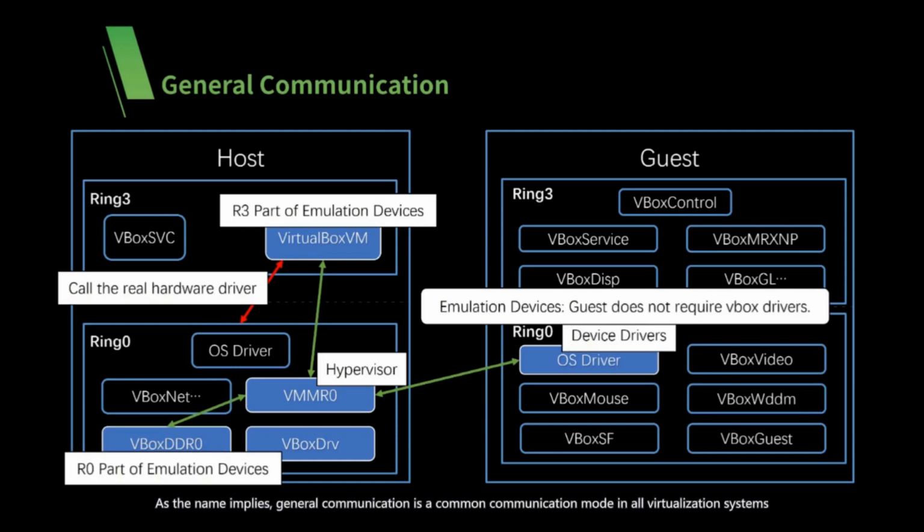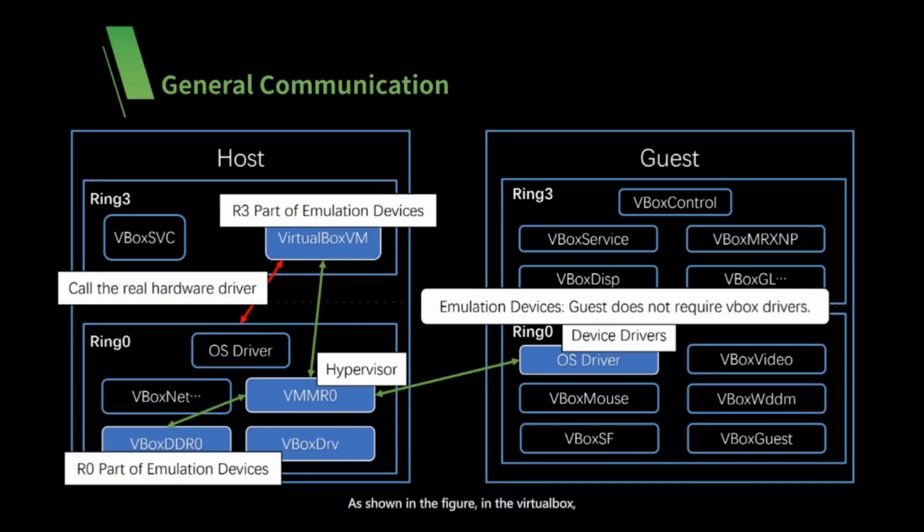As the name implies, general communication is a common communication mode in all virtualization systems, which emulates the communication of real computer devices. This communication method can make the guest run without modification, because there is no need to install additional communication components in the guest.